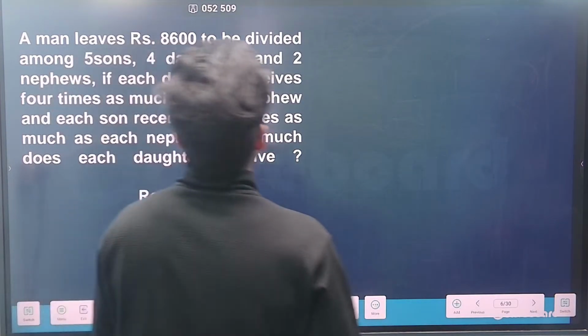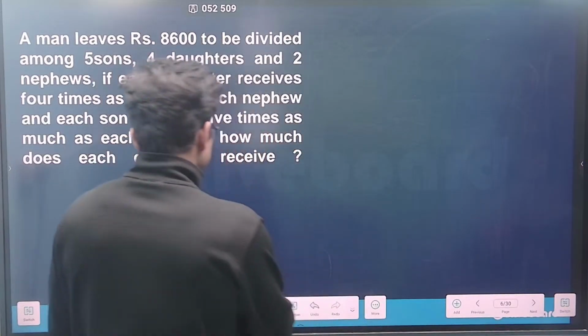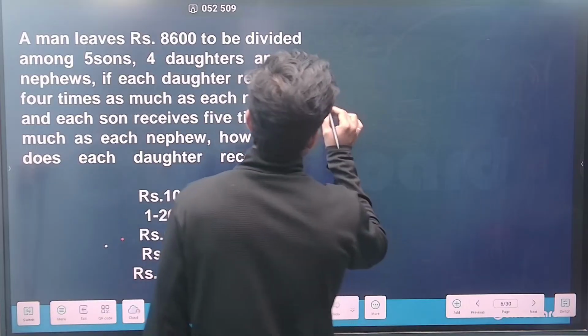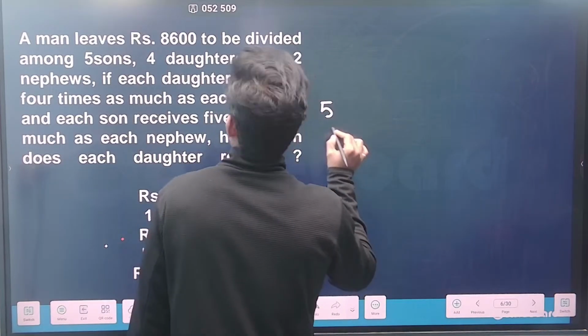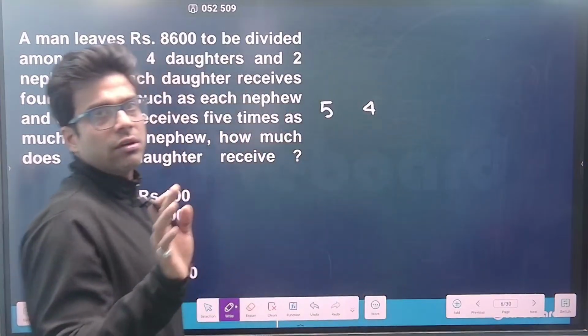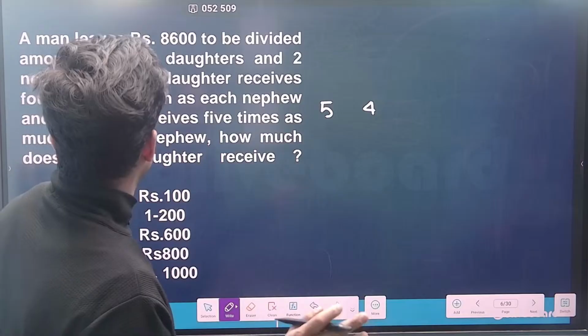And I won't say that 11 is a multiple of 8,600. So I think, see guys, it will take much more time if I go for 5 sons and 4 daughters. So this is my 5 sons and 4 daughters, isn't it? 5 sons and 4 daughters and 1 nephew.